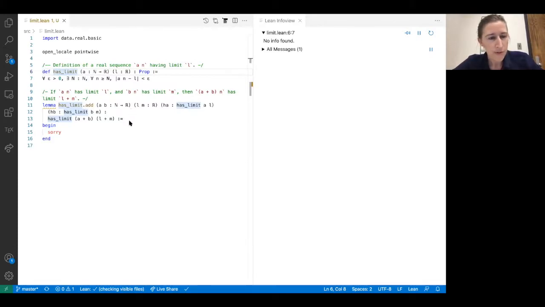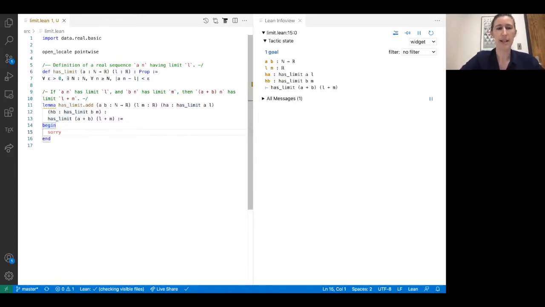And I want to prove for us the theorem that if you have sequences A and B, which have limit L and M respectively, then their sum has the limit L plus M. So if I now click inside this begin end environment, I've written the word sorry, which I can comment out.